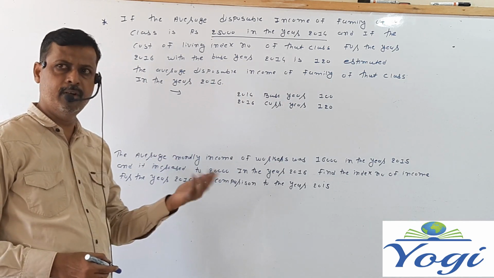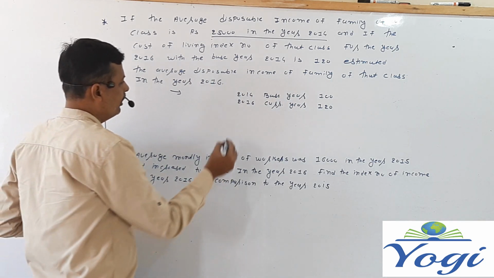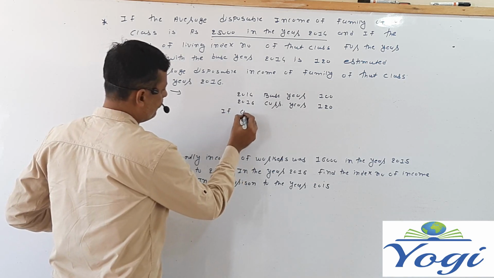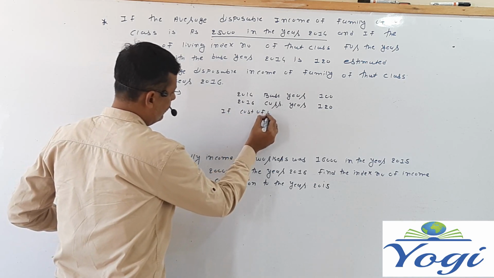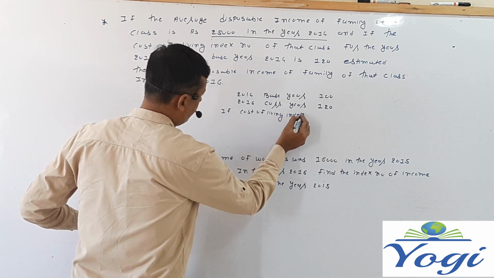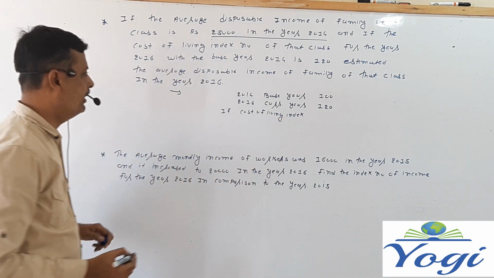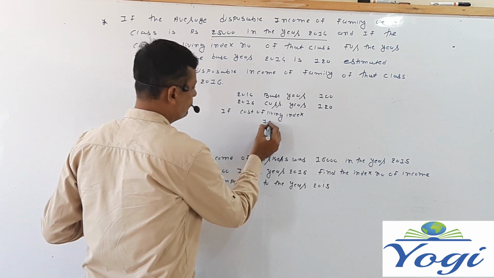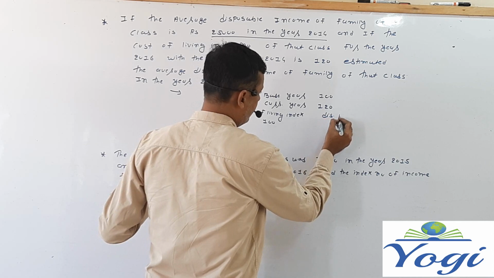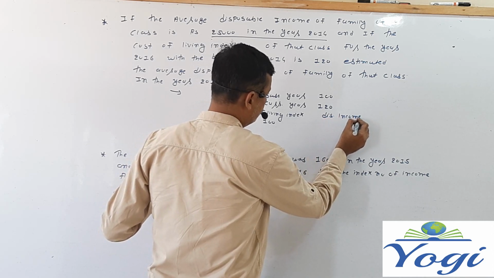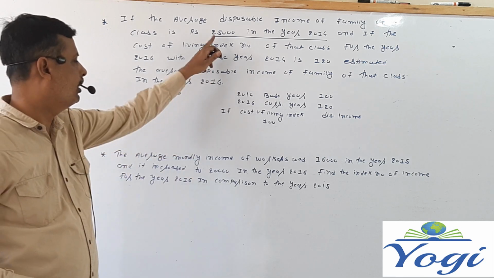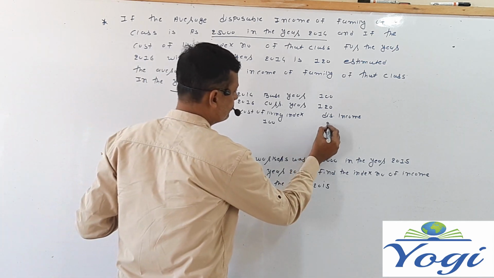So here we apply one condition. If cost of living index is 100, then disposable income of a family is 25,000.